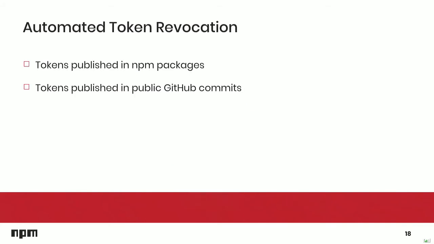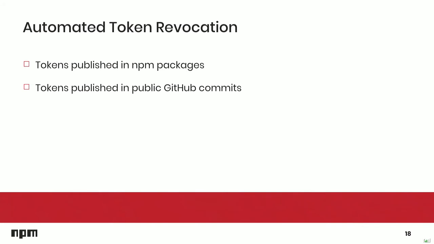We've set up automated token revocation, right? One of the best ways to compromise a lot of users is to take over an account of a popular package. And so protecting user accounts is an extremely important thing in the registry. So we're now unpublishing tokens from NPM packages if you've accidentally published them in them.